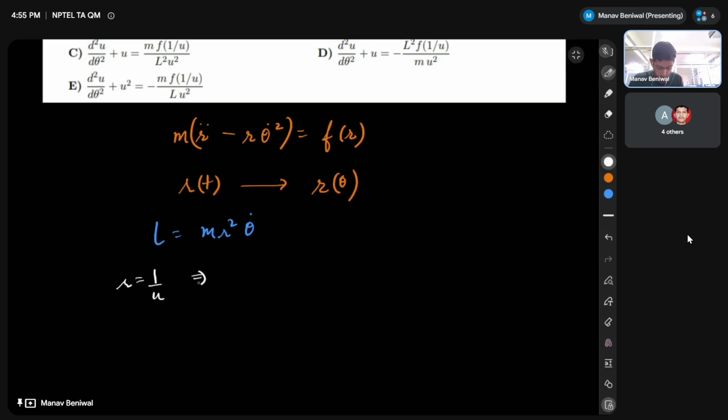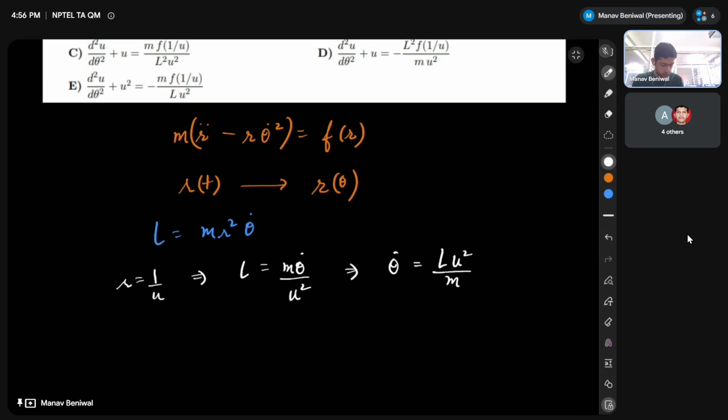So this allows me to write my L as m theta dot over u squared. And this allows me to write my theta dot as L u squared over m. So instead of writing r, I'm writing the reciprocal of r, which is u. And you'll see why we are using u shortly.